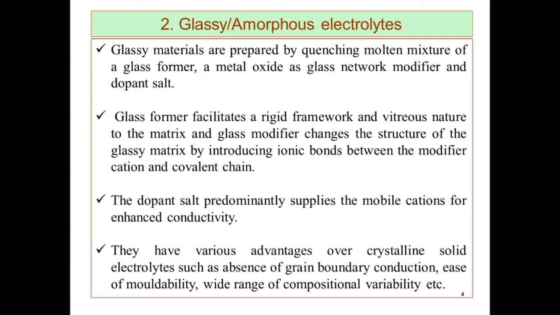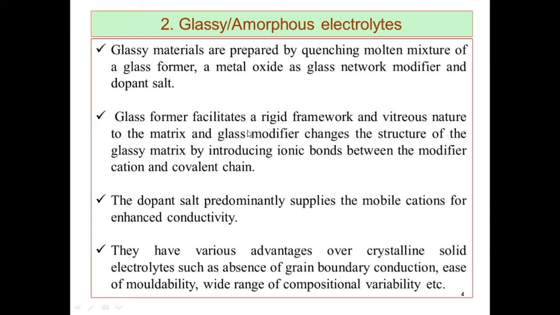Now we will discuss glassy or amorphous material. Glassy materials are prepared by quenching the molten mixture of the glass former, metal oxide, glass modifier, and dopant salt to prevent crystallization.